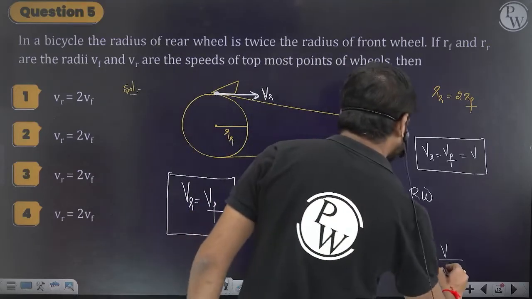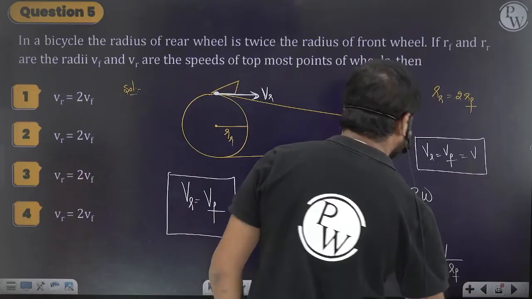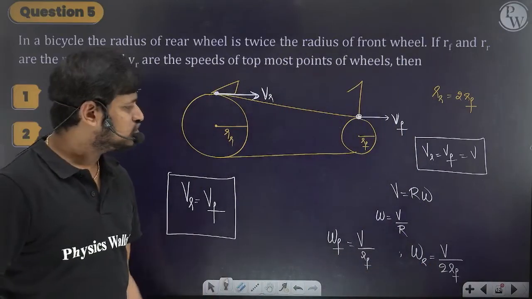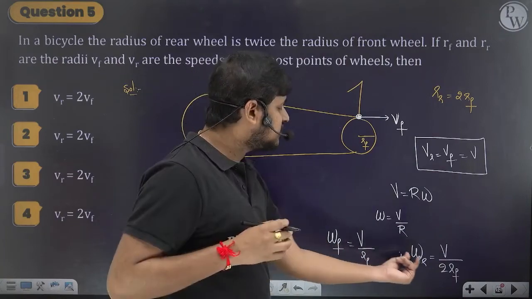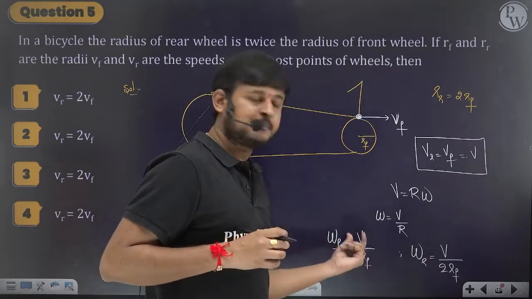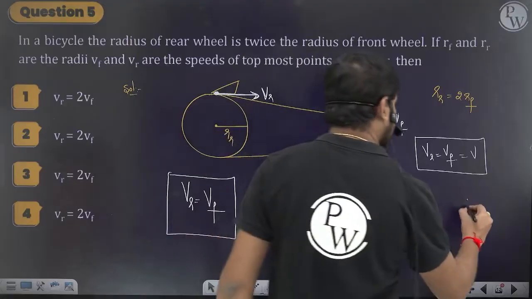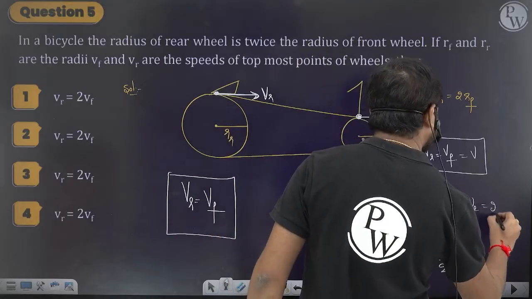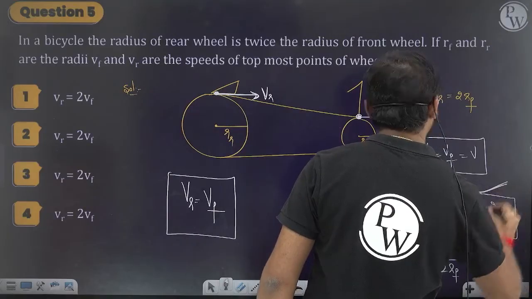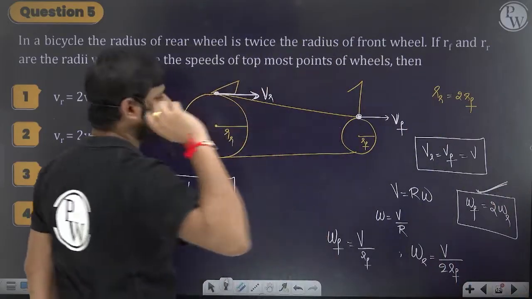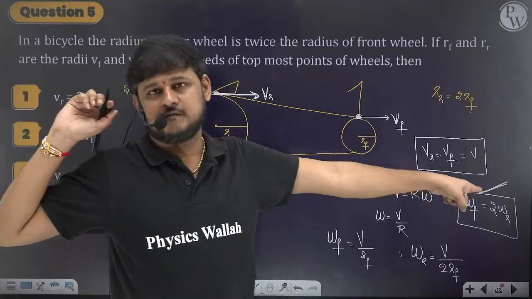Shall I write it as 2 times RF, 2 times the radius of the front wheel. So now you can see that the omega of the front wheel is 2 times the omega of the rear wheel. So this is correct. Their linear velocities will be same, but their angular velocities will be different.